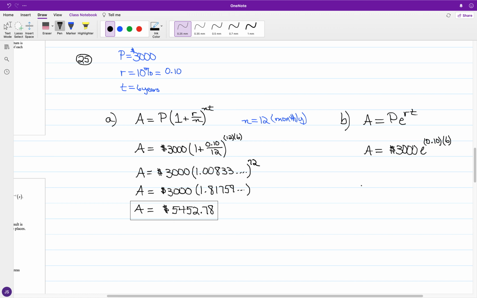Again, you multiply r and t, so 0.10 times 6 is 0.60.